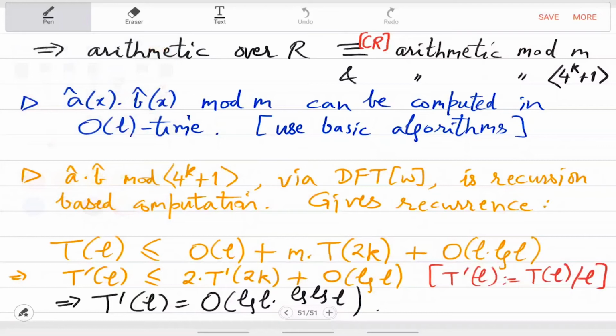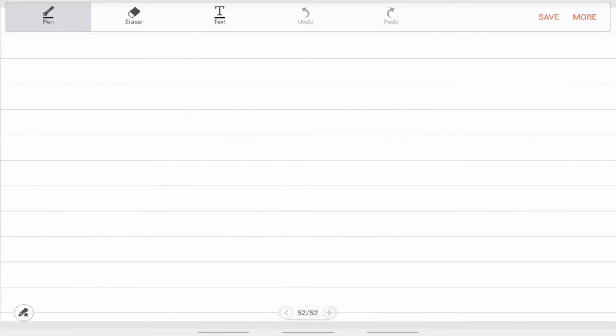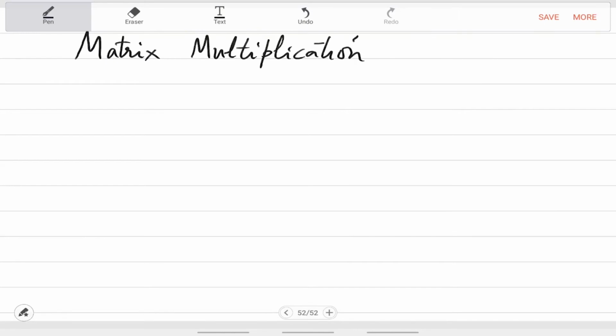Is there any question till now? So then let us start these fundamental objects, matrices. Since now you know how to multiply polynomials and integers in a faster way, it is natural to ask how this will extend to matrices.